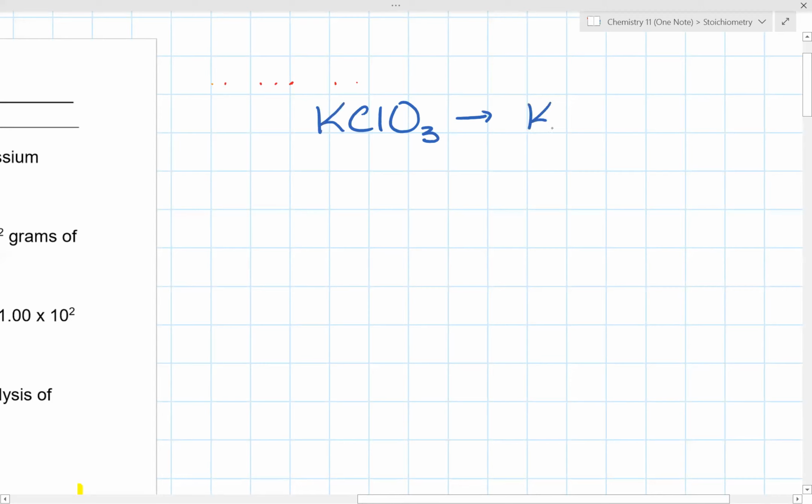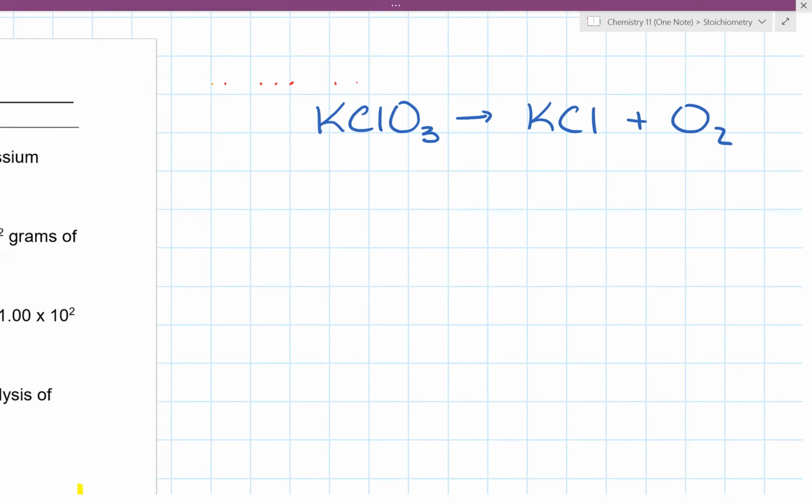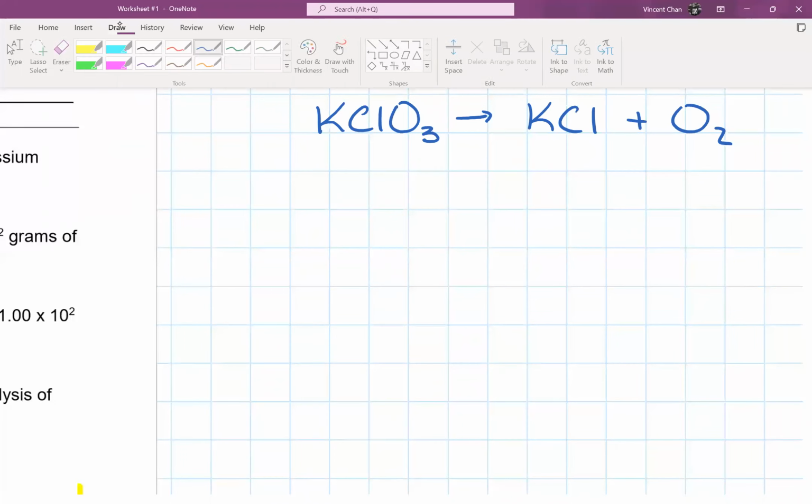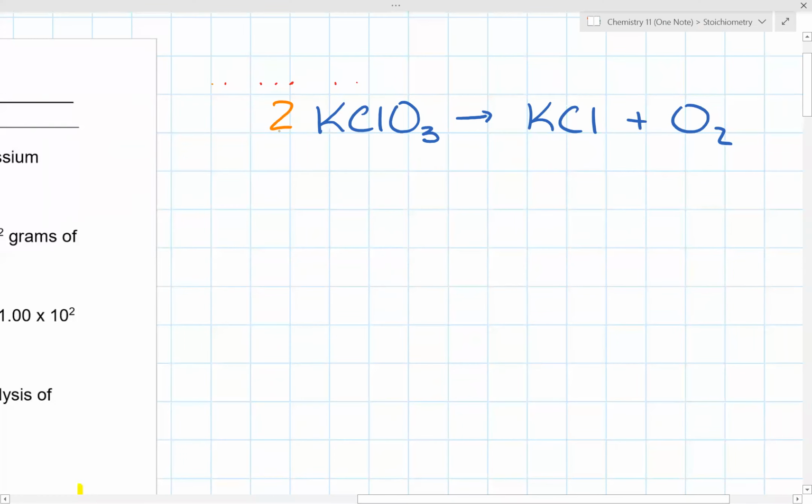Now, the first thing you need to know is you have to balance the equation. So in this case, the balanced equation will be a 2 here, a 2 here, and a 3 here.